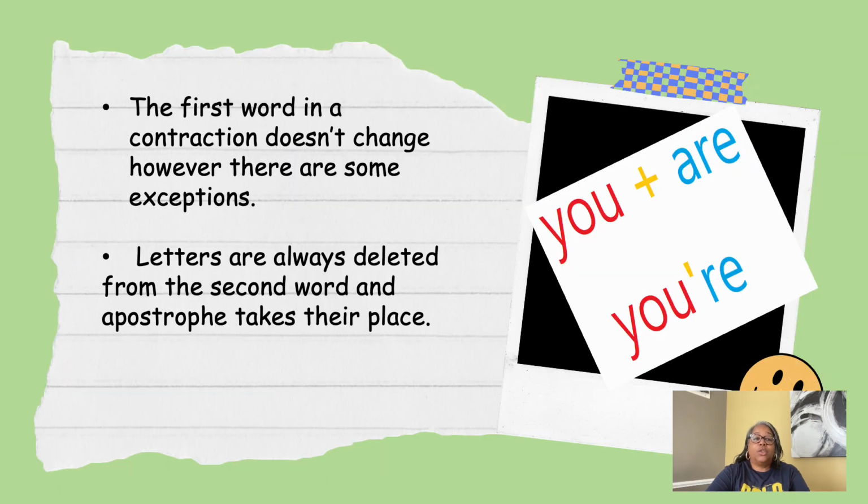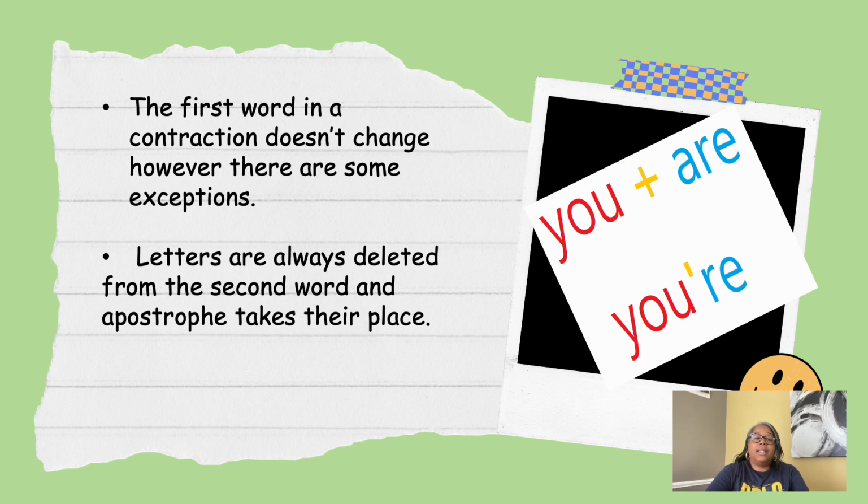When looking at contractions, the first word in a contraction doesn't change. However, there are some exceptions to the rule, and I will share a couple with you as we go further into this mini lesson.